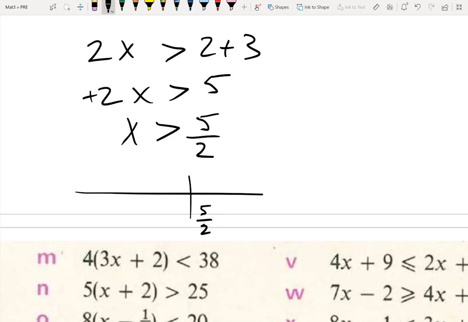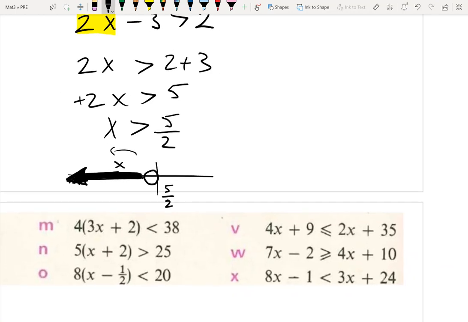It's a hollow. Look that the x is to the left. And an arrow. Okay, no other number matters on the number line except that one. Every number on the number line divides it into 2 halves. Both ends go on forever.